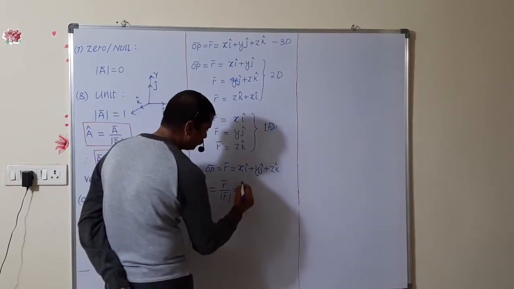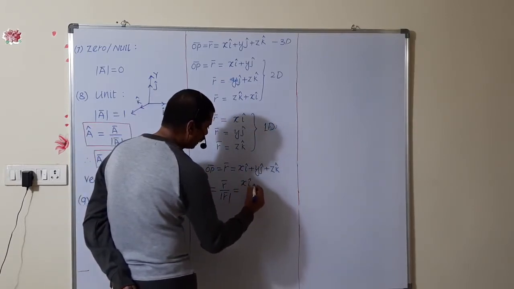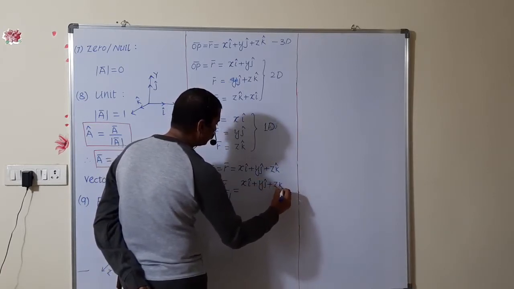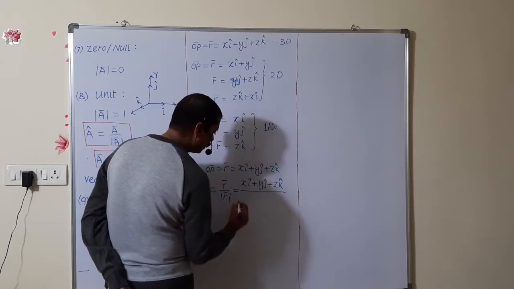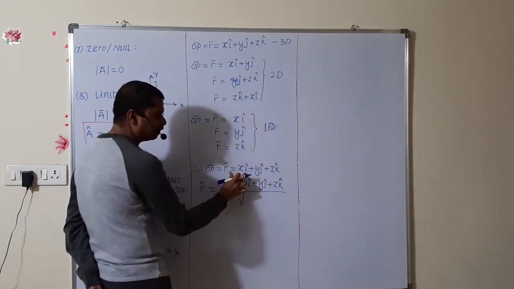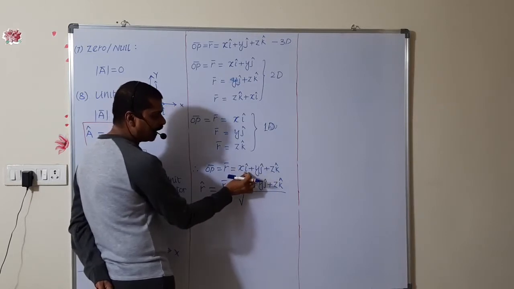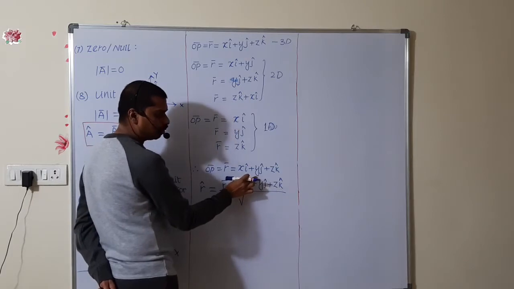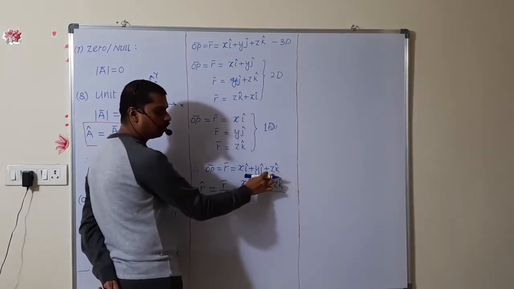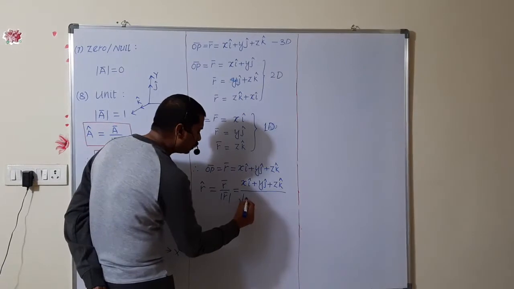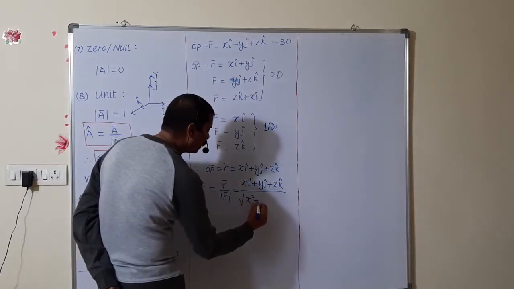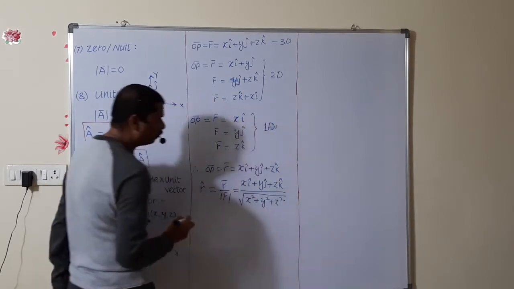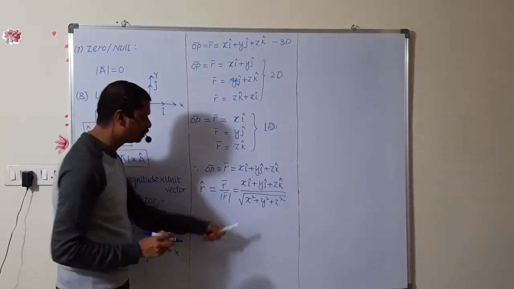We can write it as x i cap plus y j cap plus z k cap divided by the square root of x square plus y square plus z square, where x is the coordinate along the x-axis, y along the y-axis, and z along the z-axis. This is the formula for magnitude.